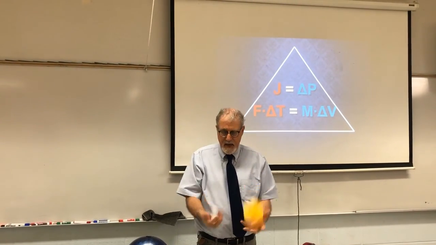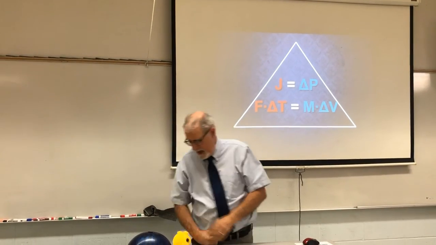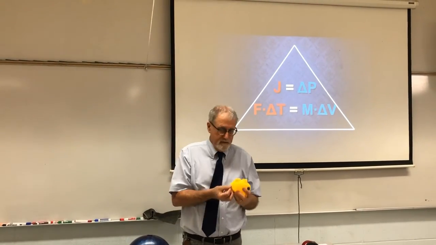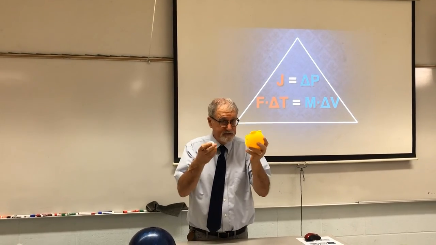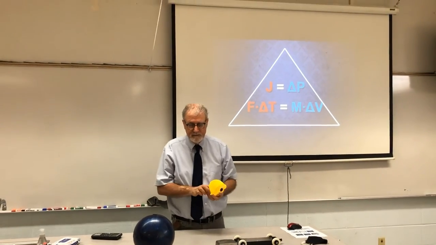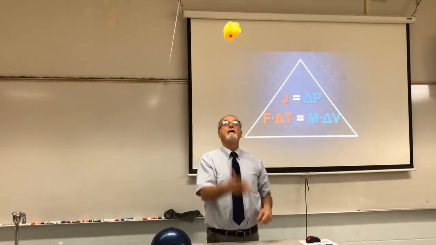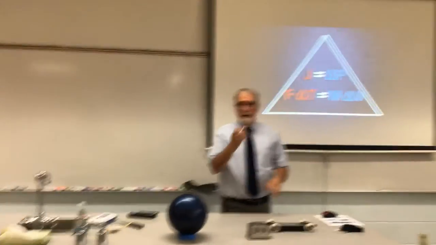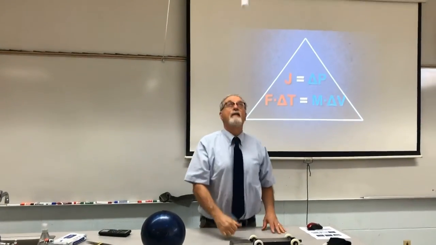If they're going the same velocity, they have the same momentum. The change in momentum is the same, so the impulse is going to be the same to change the momentum. So let me give a little demonstration here with the koosh ball, and then I'll do the same thing with the golf ball.